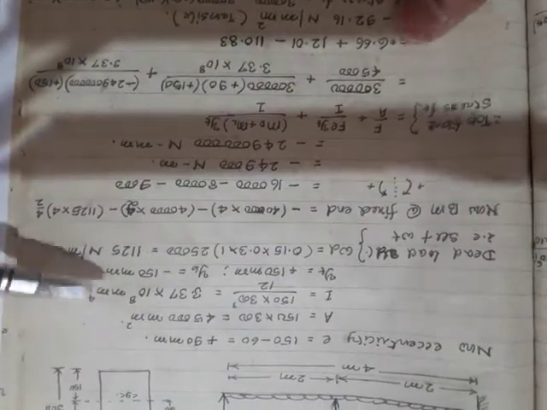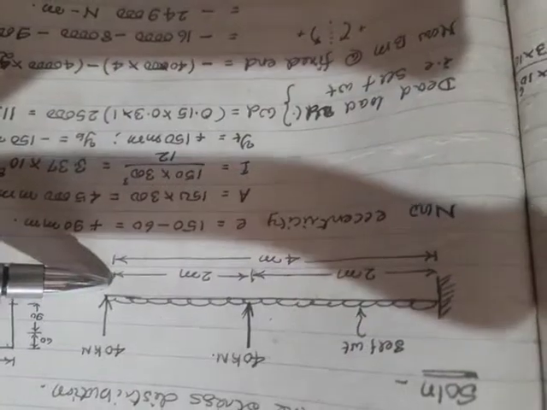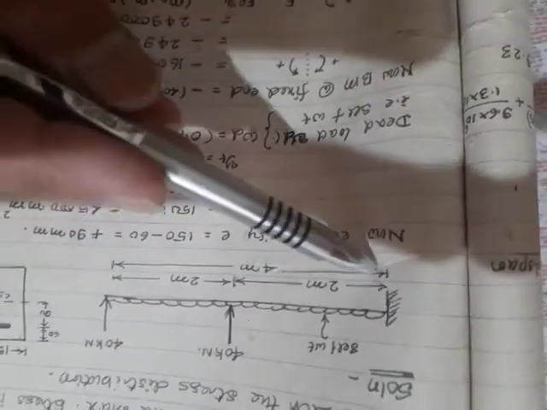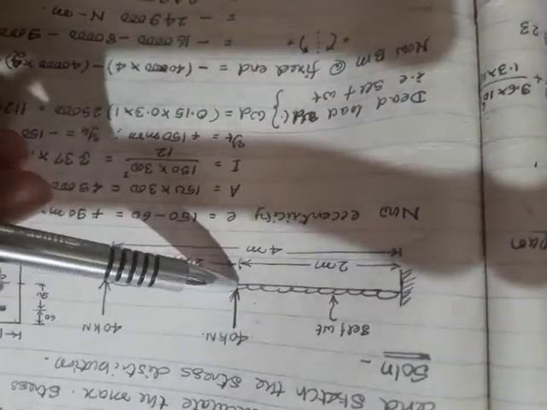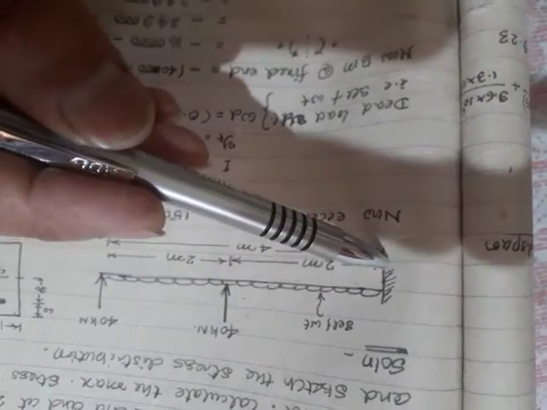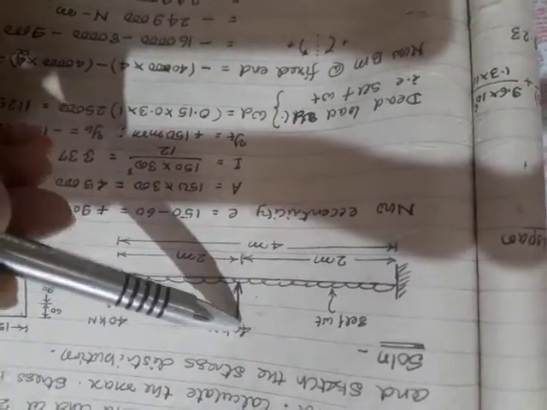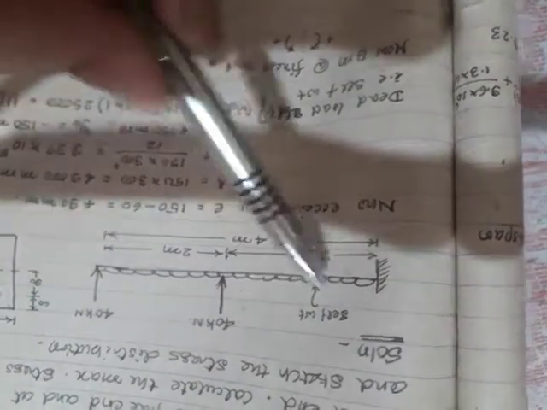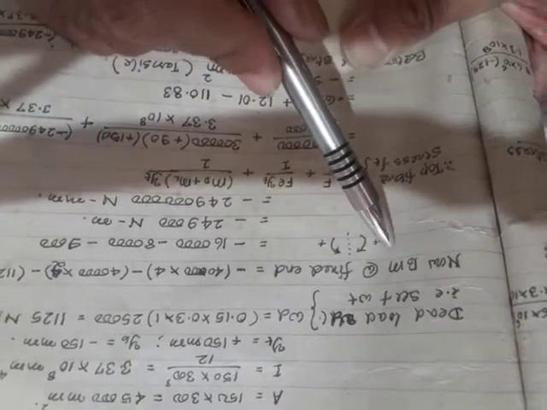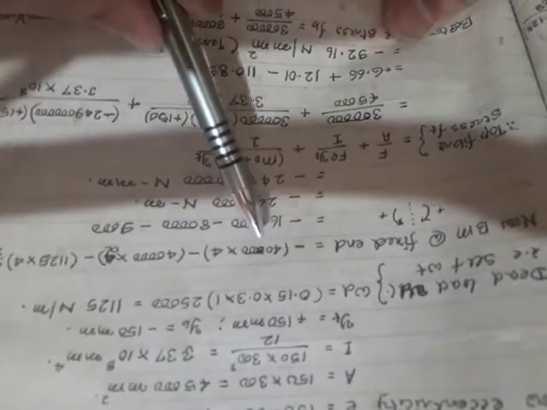The maximum bending moment at the fixed end is this 40 kilonewton load into 4 meter, again 40 kilonewton into 2 meter, force into lever arm plus force into lever arm, plus you have got the UDL. The UDL's intensity, you know, is 1125.